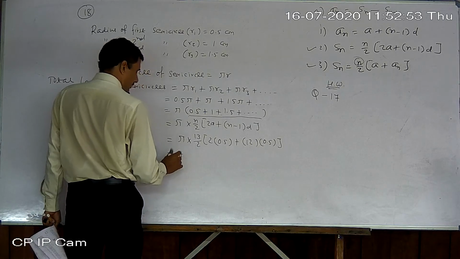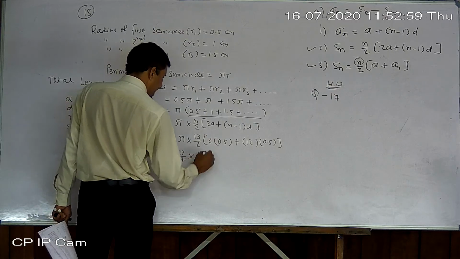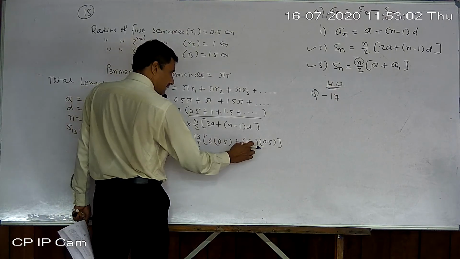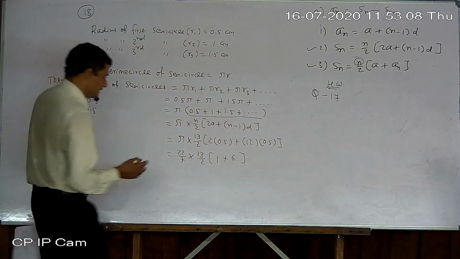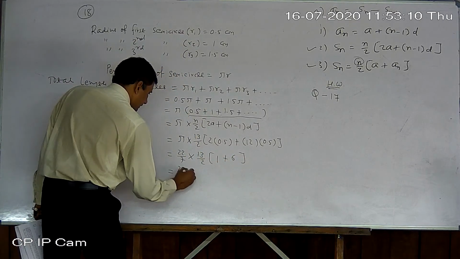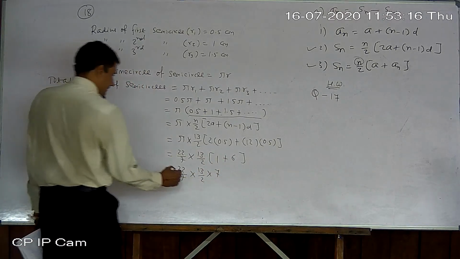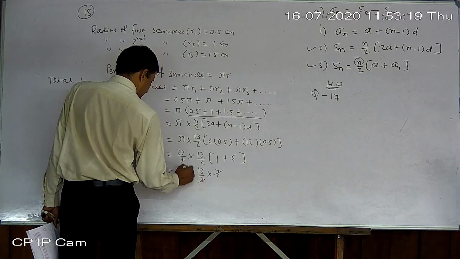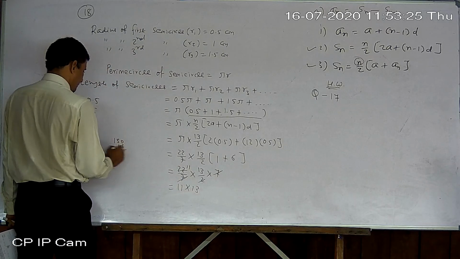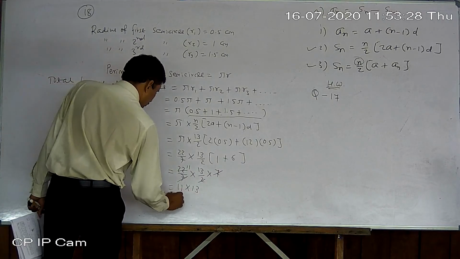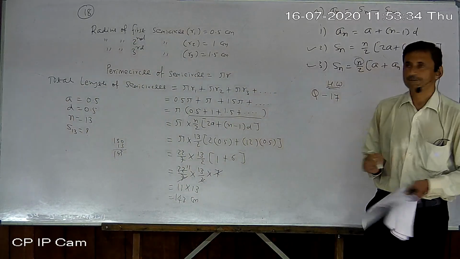If you want, you can place the value of pi as 22 by 7, into 13 by 2, into 2 times 0.5, which is 1, plus 12 into 0.5, which is 6. So 22 by 7 into 13 by 2 into 7. 6 plus 1 is 7, 7 is gone. 2 into 11, so whatever is left, 11 into 13, which is 143. So the total length of that spiral is 143 centimeters.